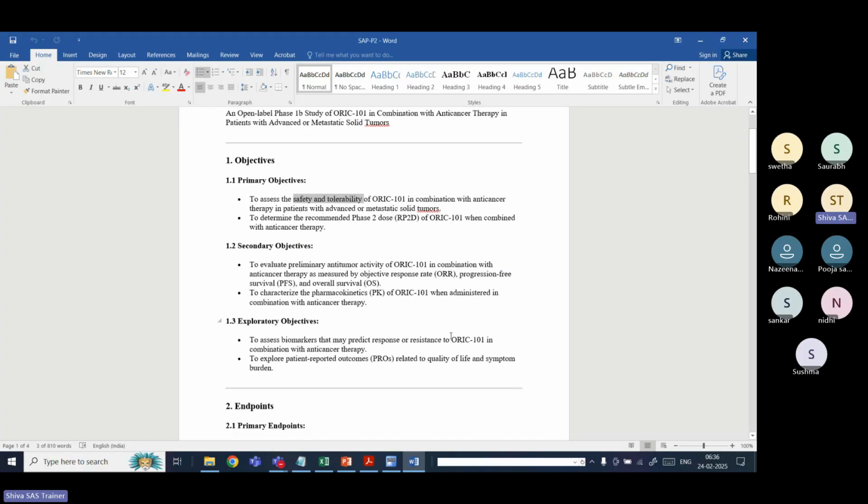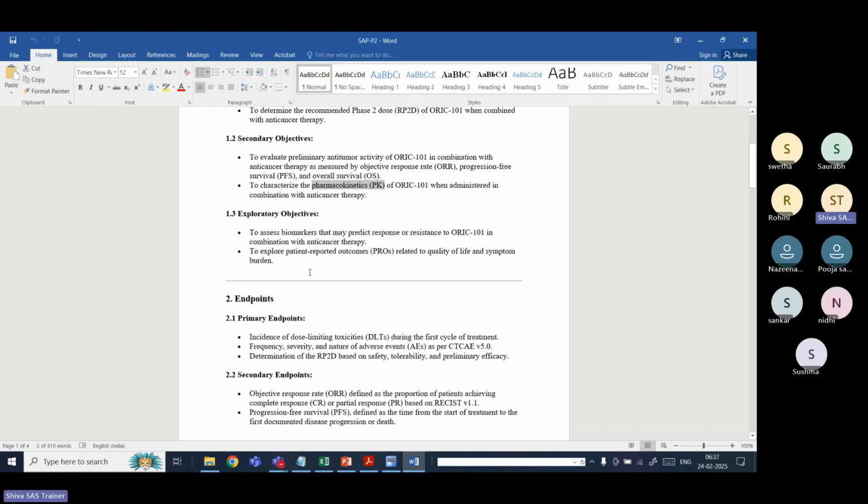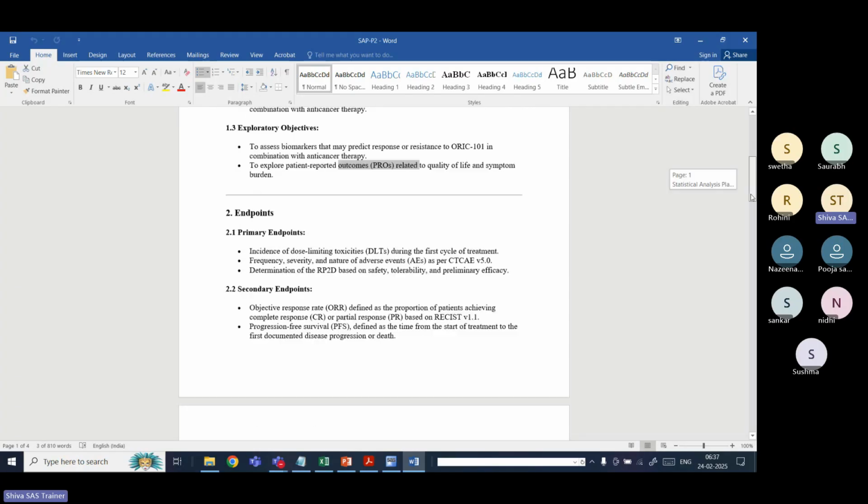Secondary objectives are progression free survival, OS, objective response rate, and PK related, that is, how the pharmacokinetic parameters affect this drug. Then they will check exploratory objectives, efficacy objectives, or PROs, the quality of life.